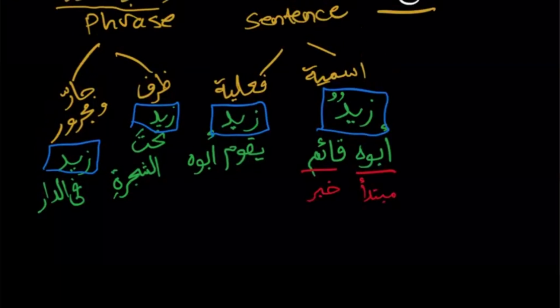In the second one, Zaydun yaqumu abuhu, yaqumu is a fi'l, which is a predicate. Fi'l is a predicate, always. And a fa'il. Okay. Let's look at these before we go further.